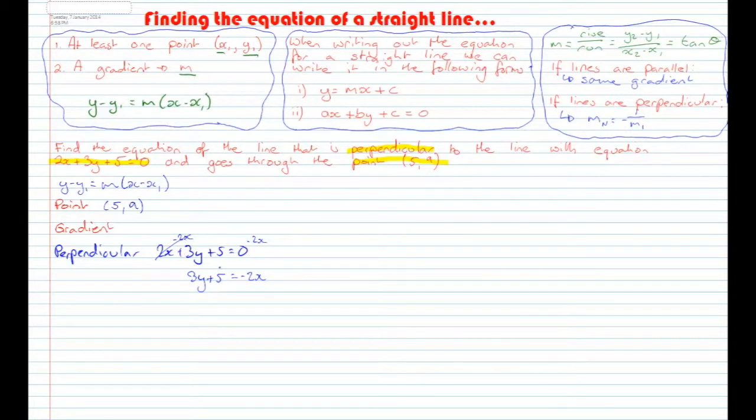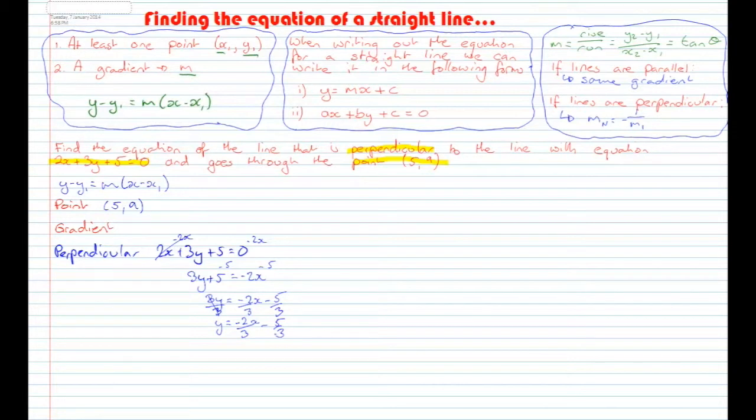Subtract 5 from both sides, leaving us with 3y is equal to negative 2x minus 5. And divide both sides by 3, everything by 3 on this side. This cancels out to be y is equal to negative 2x on 3 minus 5 on 3.